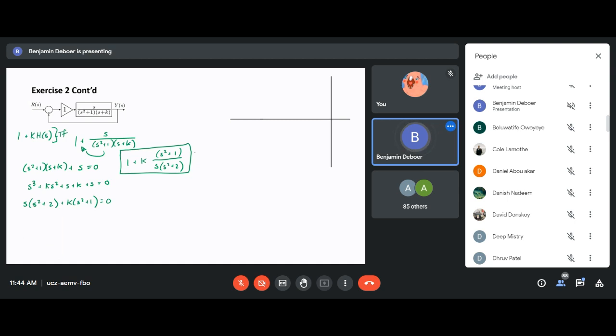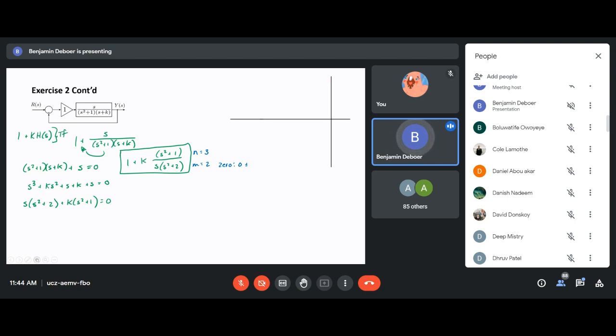What we're going to do now is see that we have 2 zeros and 3 poles, so m is equal to 2 and n is equal to 3. So m is the number of zeros in the characteristic equation here, and n is the number of poles.